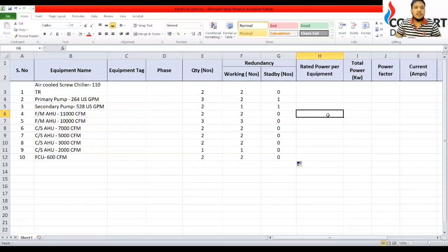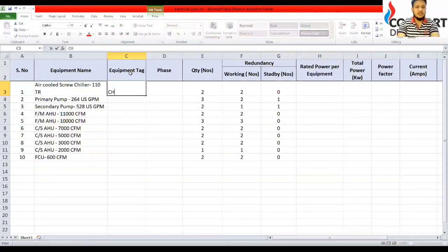Okay. So let us start the load calculation, how we can do the load calculation. First of all, we have to provide the tagging number. The tagging number is also available on the chiller. So let us start with CH1, that is your chiller 1.